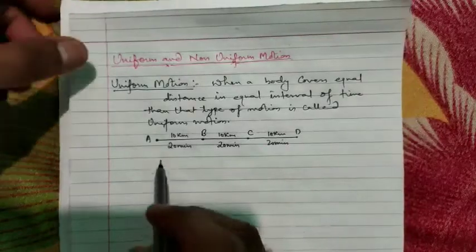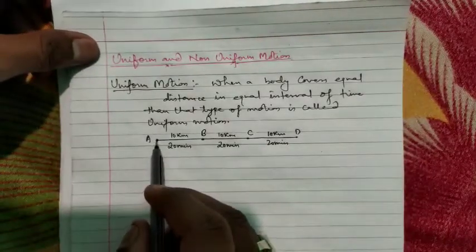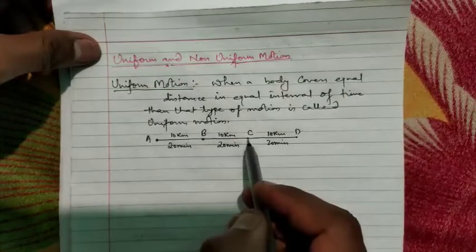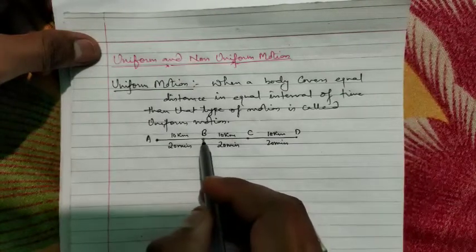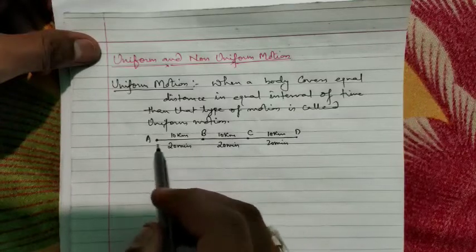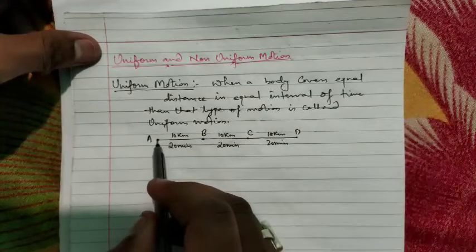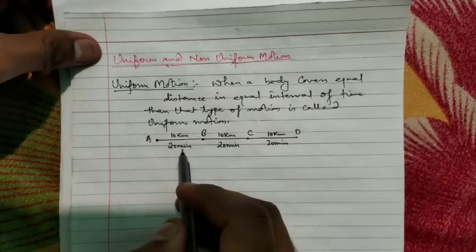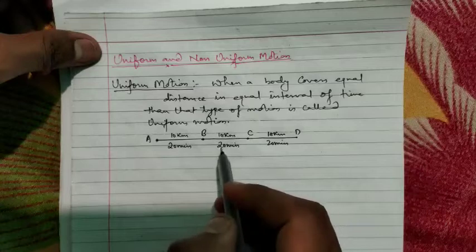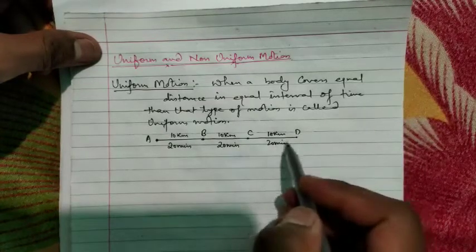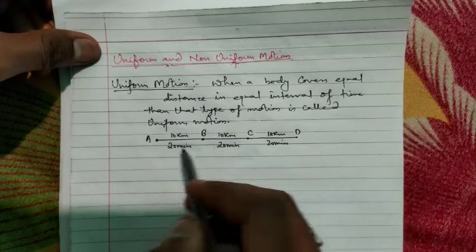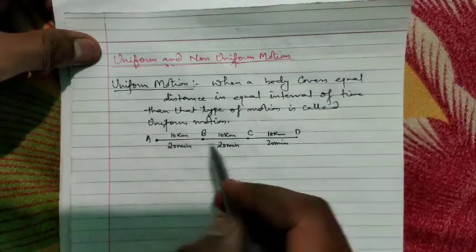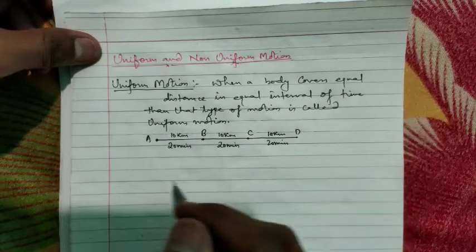So traveling from A to D, we have taken two middle points. From A to B the distance is 10 kilometers and the body travels it in 20 minutes. The next 10 kilometers take the same time, and the next 10 kilometers again take the same time. This type of motion is called uniform motion: equal distance in equal intervals of time.